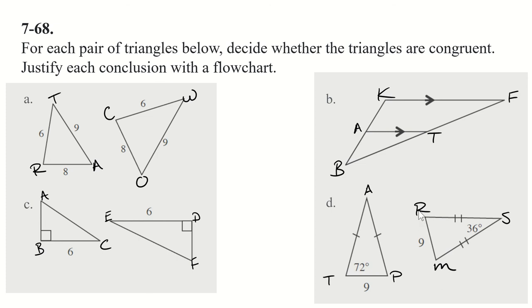I could say angle R plus angle M equals 36. Because R and M are the same, I could say angle R plus angle R is 36. And then I could figure out what angle R is. Once I figure out angle R, I think that it's going to be 72 degrees.